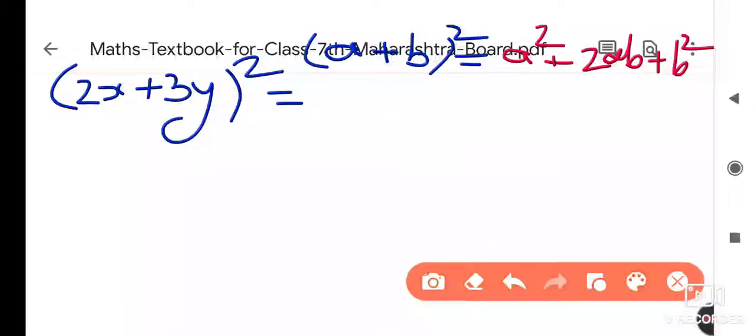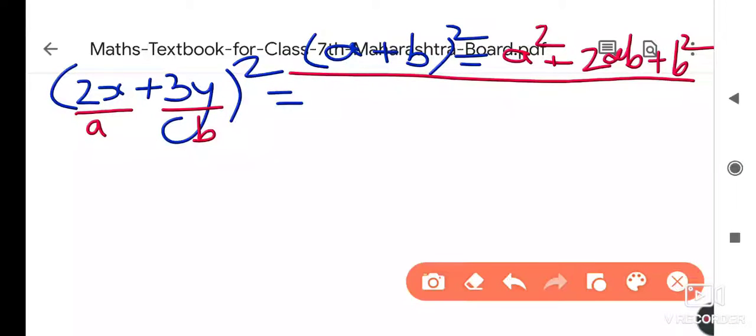Same here, 2x we take as a and 3y we take as b, and according to this formula we expand. First, a square means first term square, so first term is 2x. So we write its expansion (2x) whole square. Here two terms are there, so it is important to put the bracket.